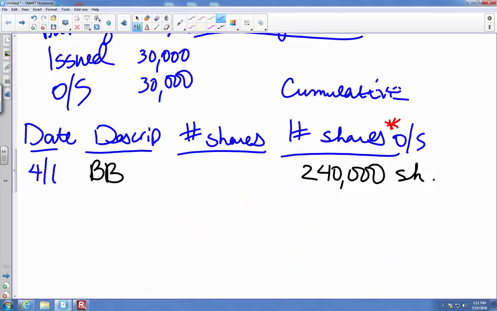And I'm just making up dates here. And don't forget in the register that you need to make sure to bracket it, because is it adding to your shares or is it retracting them?